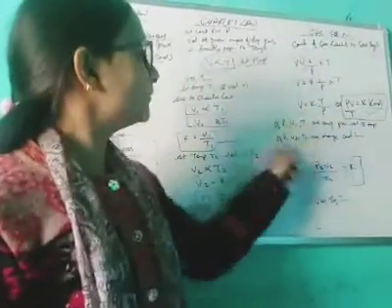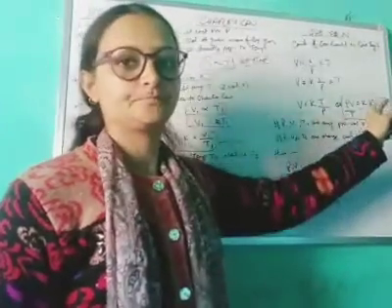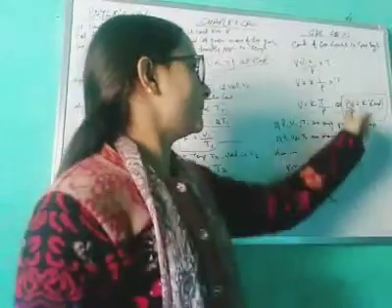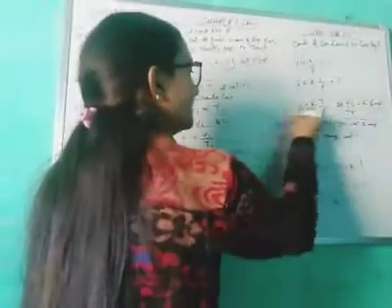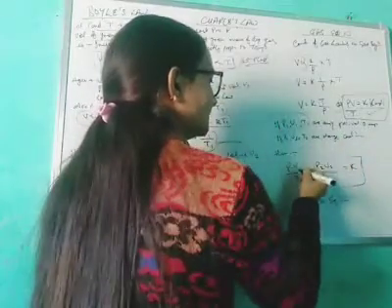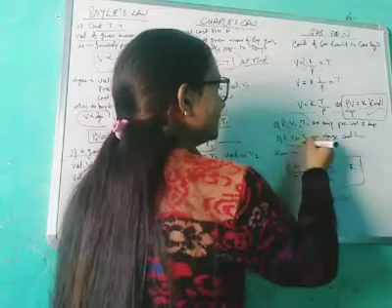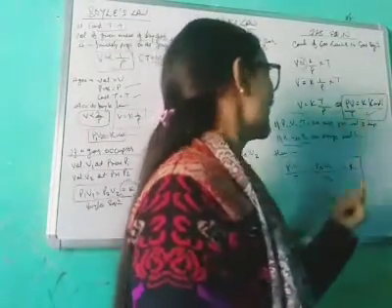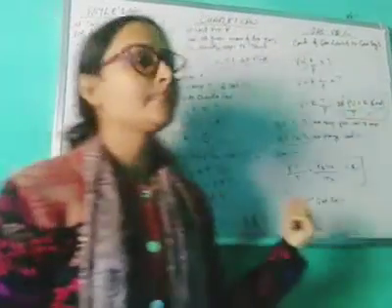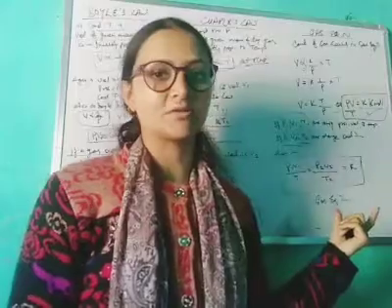Then again we put all these in this condition. From the original one, P1 V1 upon T1 will be equal to P2 V2 upon T2, equals K. So this is the gas equation.